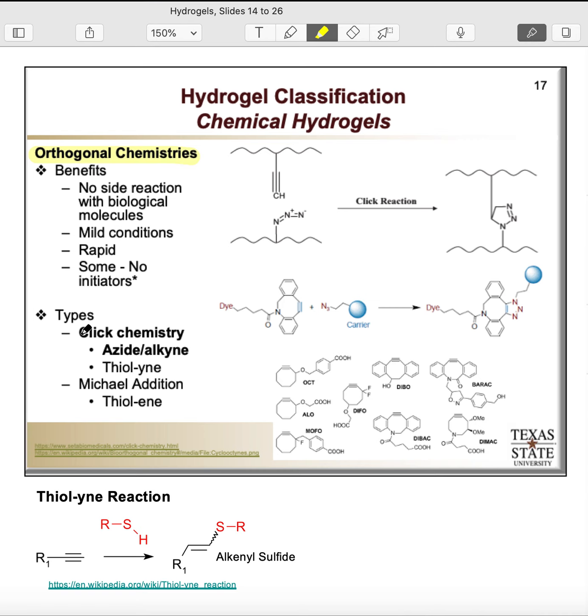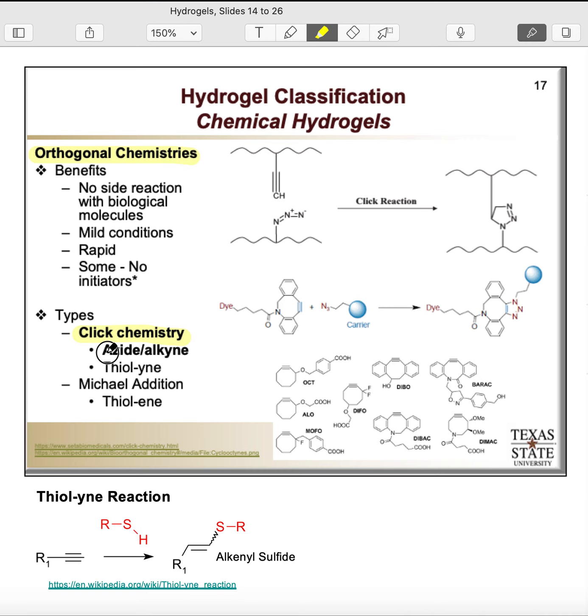One of the most widely known or most widely utilized in biomedicine is click chemistry. There's a number of different click chemistries, and you actually heard about them from the seminar by Amber Lucas. She also mentioned that there are several click chemistries. I'm just going to talk about two in this particular presentation.